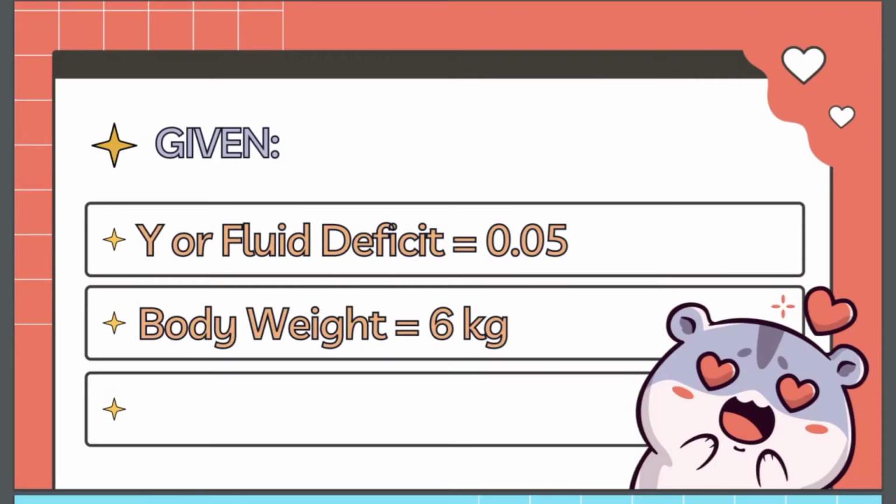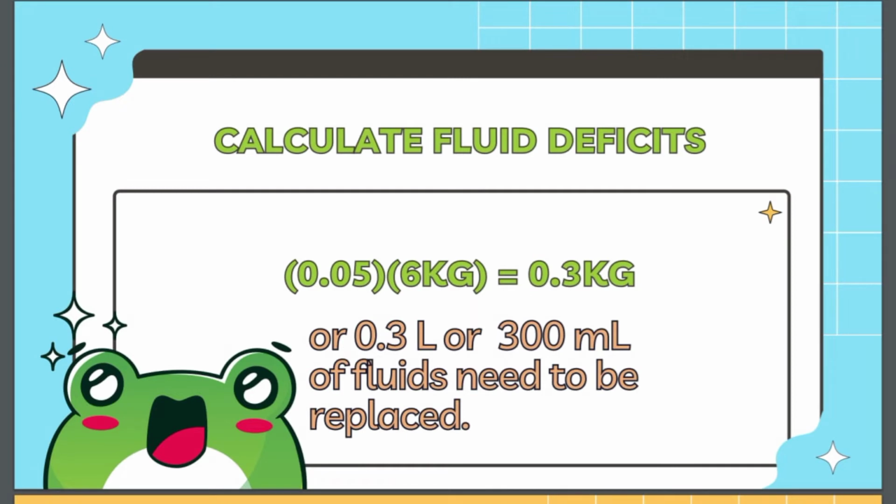The body weight of the patient is 6 kilograms. 0.05 multiplied by 6 kilograms is equal to 0.3 kilograms, or 0.3 in liters, and to convert into milliliters, we multiply it by 1000, which is 300 milliliters. Therefore, 300 milliliters of fluids is needed to be replaced.